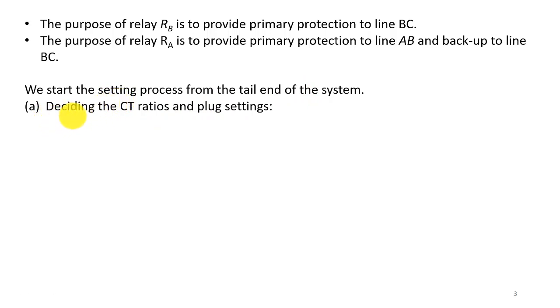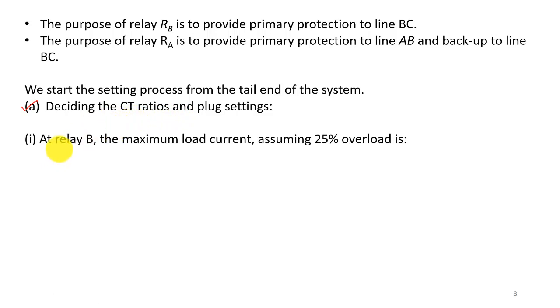First we'll decide the CT ratios and plug settings for both relays. At relay B, we find the maximum load current assuming 25% overload.